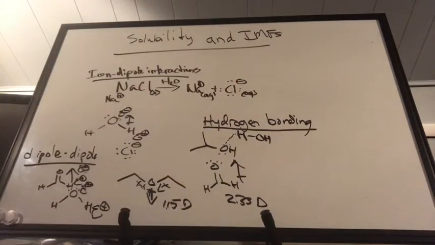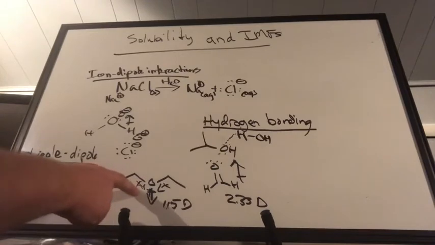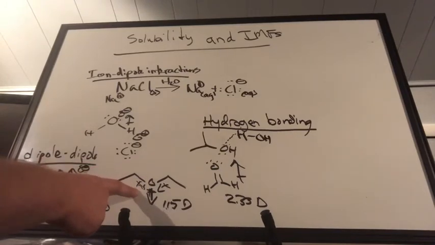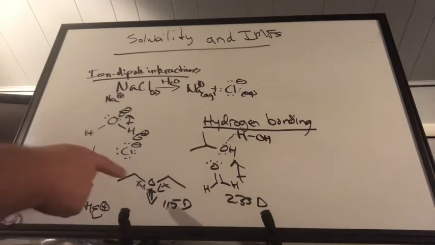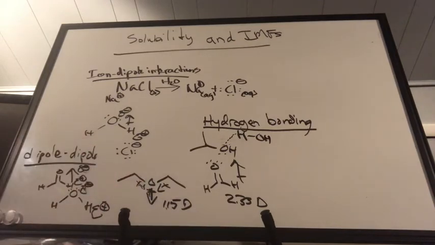Now a polar aprotic solvent is going to stretch a dipole a little bit more. So something like this is going to be a polar aprotic solvent, where those hydrogens are not directly attached to any electronegative atom, they're merely attached to carbon. To be deprotonated is going to require a very strong base, and it's going to be highly unlikely with the oxygen looking to pull electron density away.